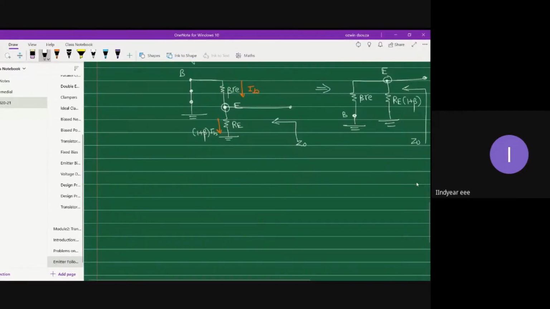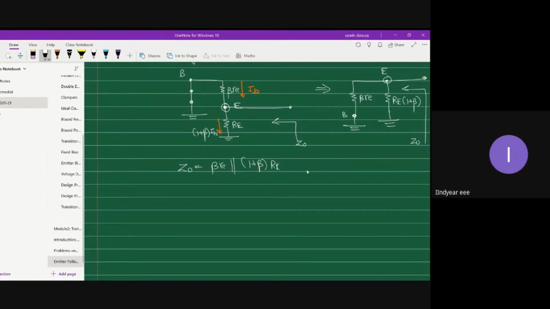Now what do you see from the output side? When you look into the circuit from the output side, you will see a parallel combination of beta re and 1 plus beta times RE. So your output impedance Z0 is the parallel combination of beta re with 1 plus beta times RE.